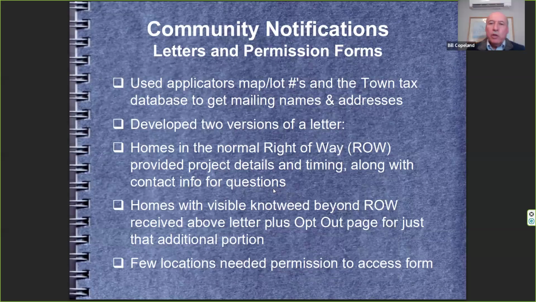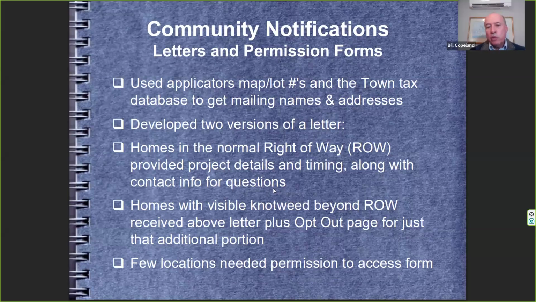So letters and permission forms, as I mentioned, this was kind of a new wrinkle in the projects, where the vendor giving map and lot numbers came into play is that we could then look at the town tax database and get the owner's names and their addresses. And so then we could mail them our particular letters. We actually developed two versions of a letter.